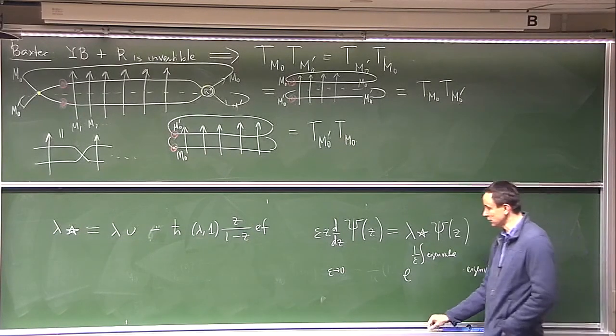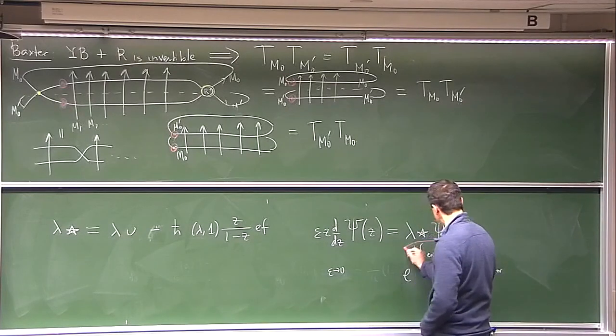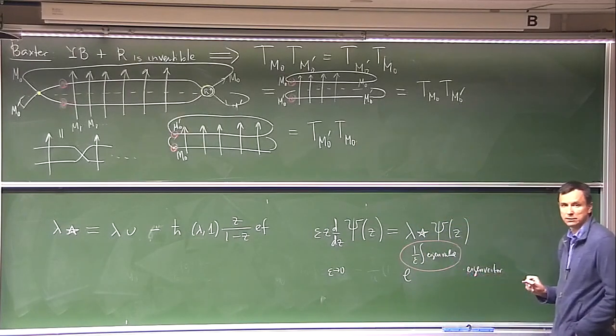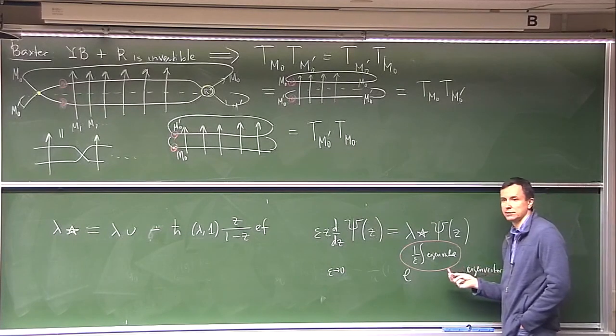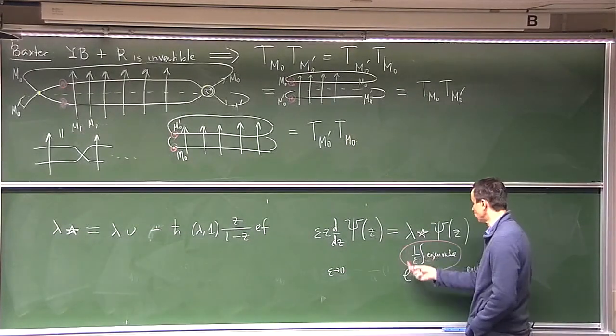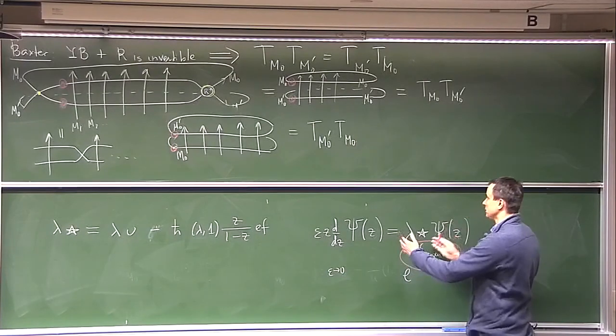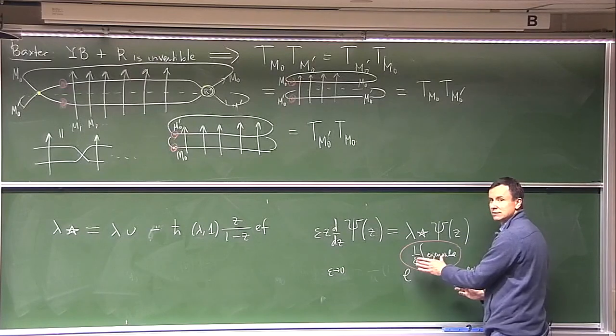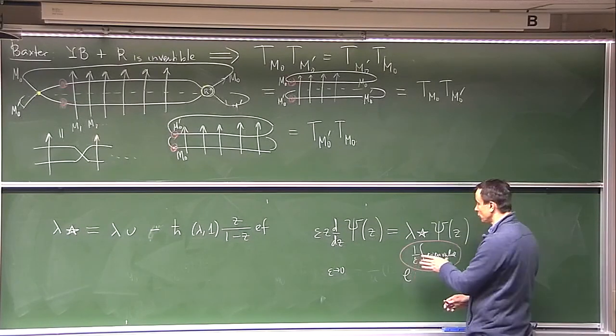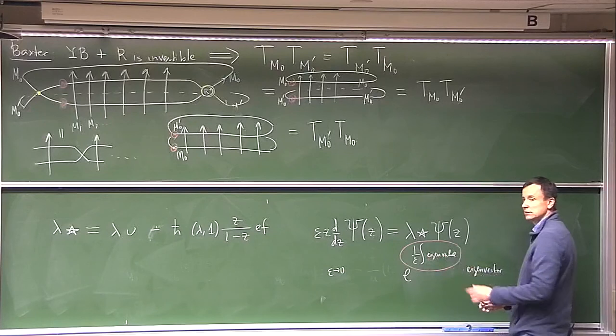And what Nekrasov and Shatashvili really computed was this. This is easier to compute. This is an overall factor. If you imagine this is some matrix and this is some factor, it's enough to know one row of this matrix to compute this.